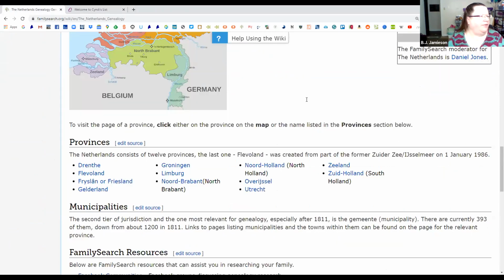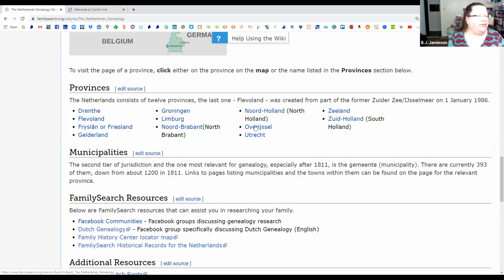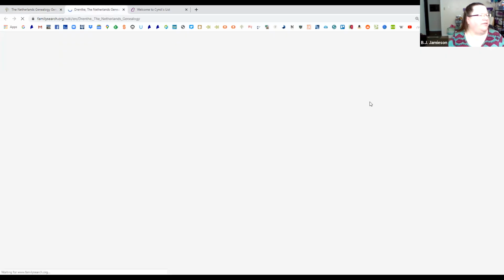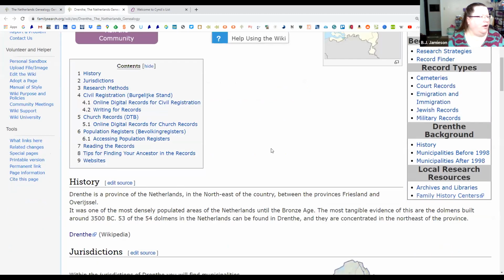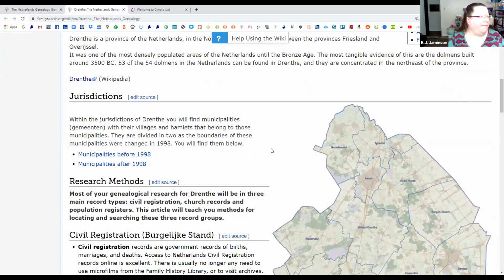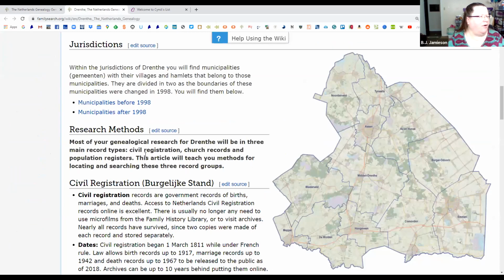So again, list of provinces with a link to each province's page. So let's go to this same province we went to at Wikipedia. And this tells you you're going to have civil registration, church records, and population registers.